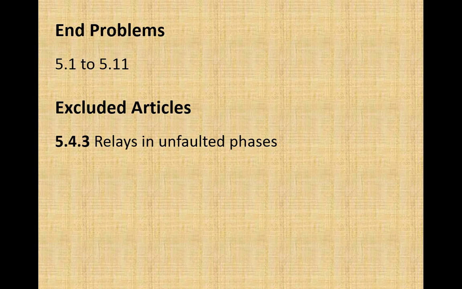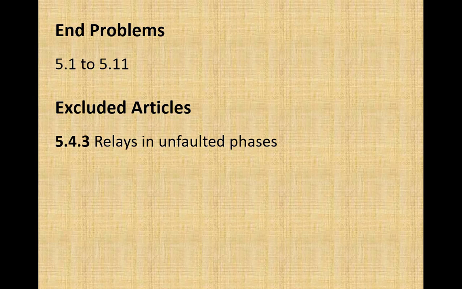Here the end problems from 5.1 up to 5.11 are included in your course. Here is the excluded article: 5.4.3 relays in unfaulty phases, and another excluded article, that is zero sequence coupling in distance relays in parallel transmission line.